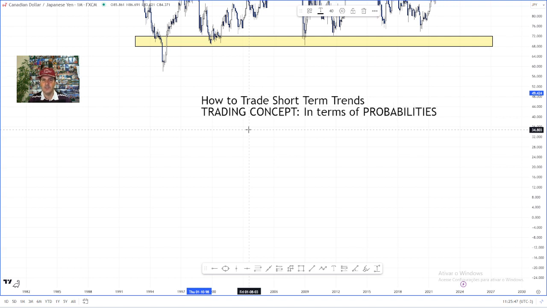In terms of probabilities, there are many entries, but the best entry is what I call the end of retracement. Okay, the best entry is the end of retracement for extensions trading.